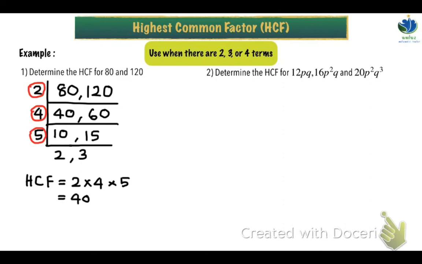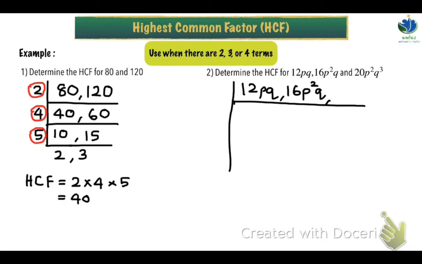Second example, use the same method. 12pq, 16p squared q, 20p squared q to the power of 3. First, we factorize the coefficient.